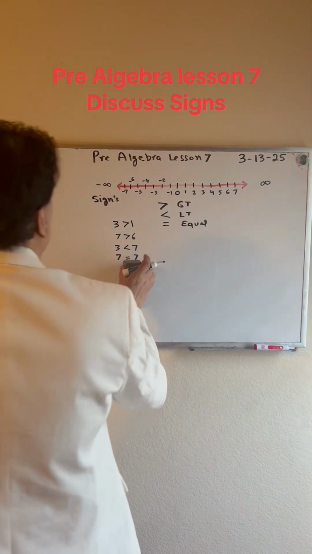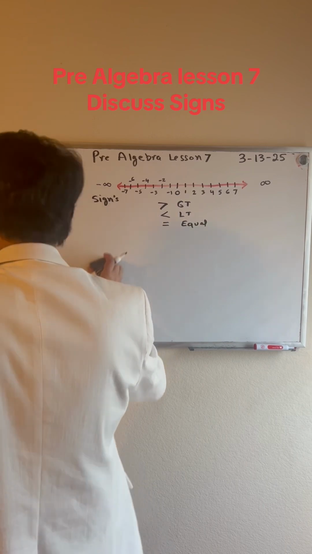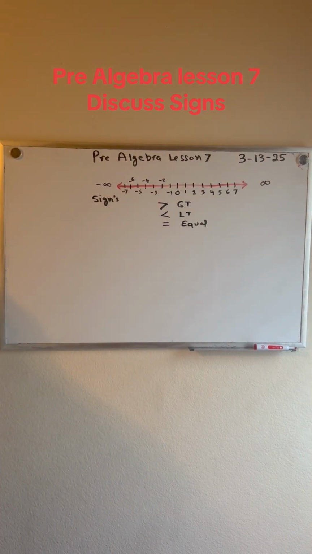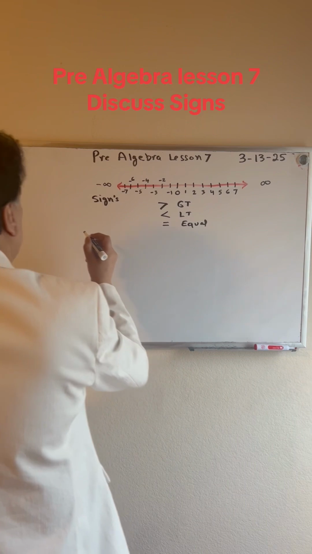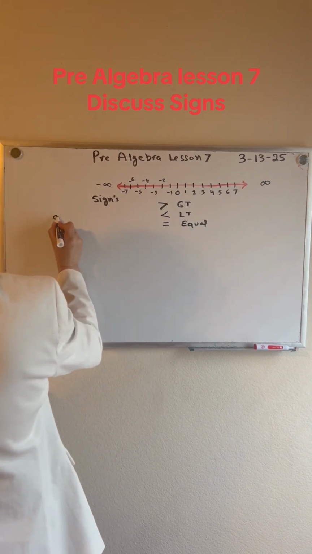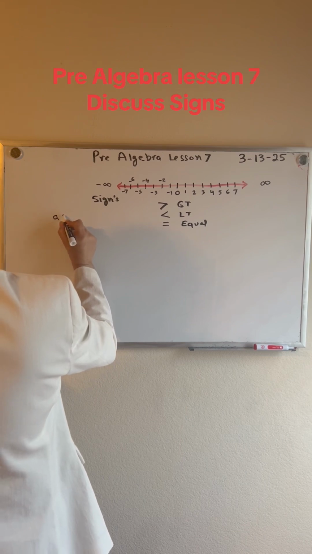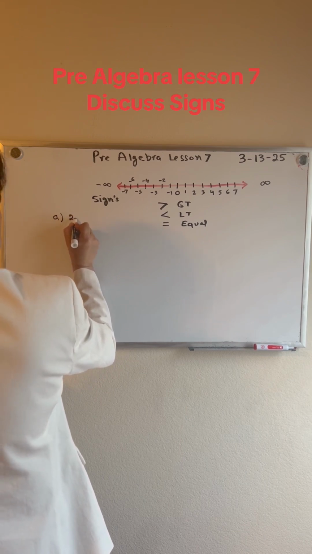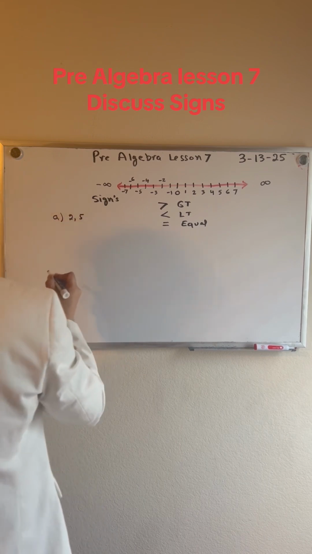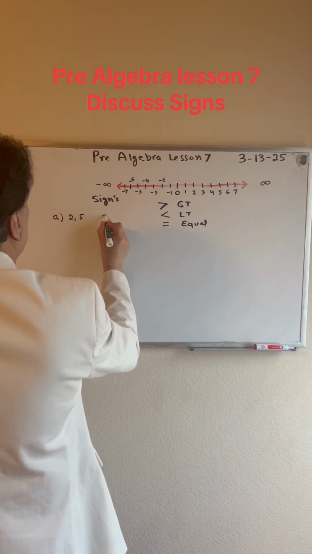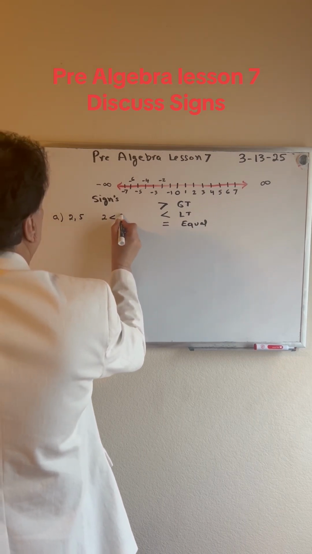What I'm going to do is erase this so I have more room for the practice session. So let's say the question is A, and then we have 2 and 5. So I can say 2 is less than 5.